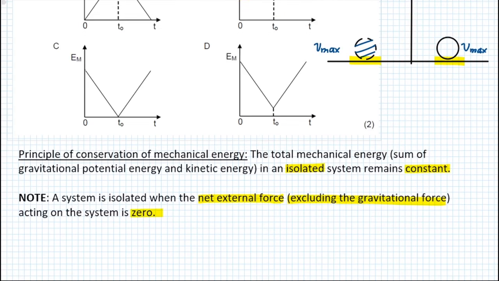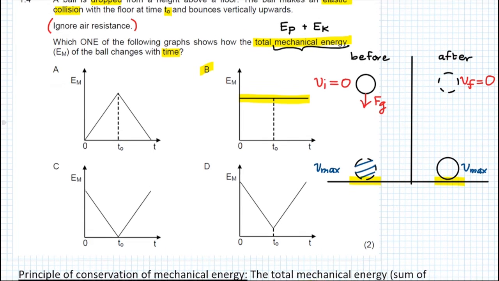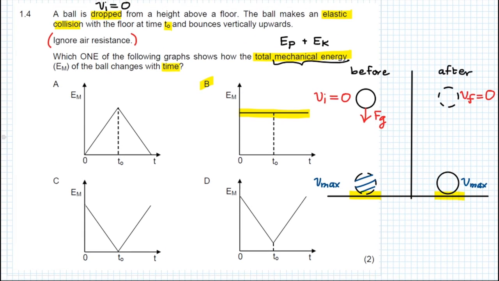So if we look at what happens before the collision, during the collision, and after the collision, we can question whether or not the mechanical energy is conserved. Are there any external forces acting on the system? In the beginning, when the ball is dropped and falls down, the only force that acts on it is the gravitational force.